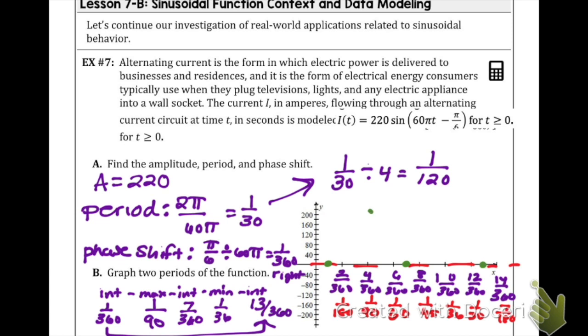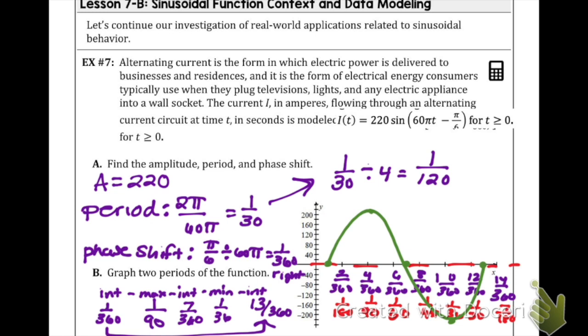That looks about right. And then at 1/36 we're doing a minimum of negative 220, right about there. And then there we have our curve. It's a lot of fraction work right there.